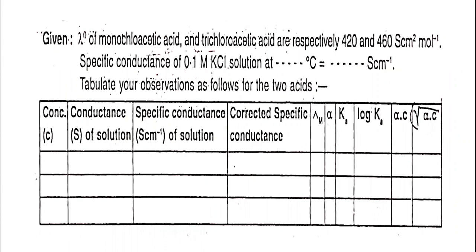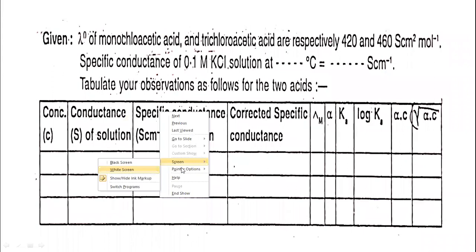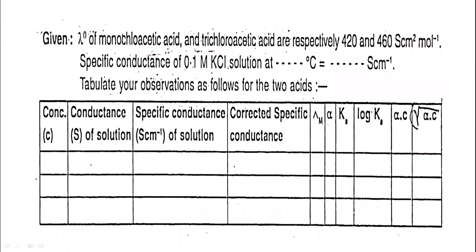For monochloroacetic acid, the first concentration is 0.05 molar, and the conductance is 4.74 into 10 raised to minus 3.